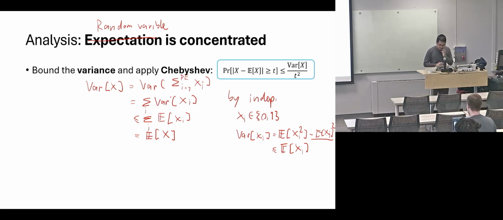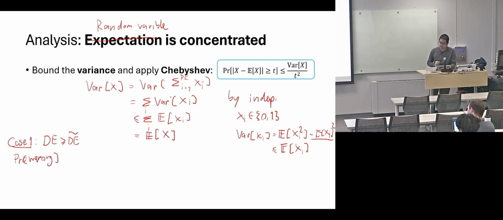Okay, so now let's try to use Chebyshev. We want to say that in case 1, when DE is more than the threshold, we want to bound the probability that we are wrong. And we're going to be wrong if what?